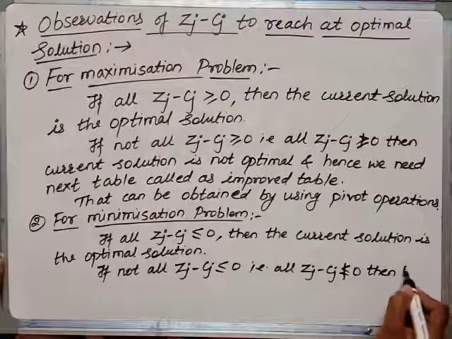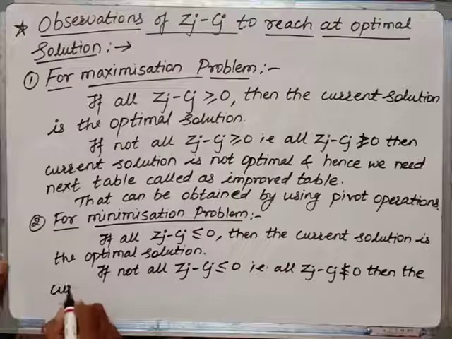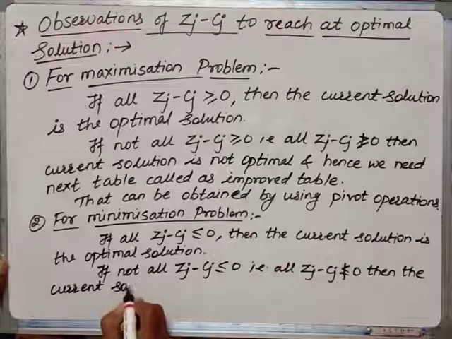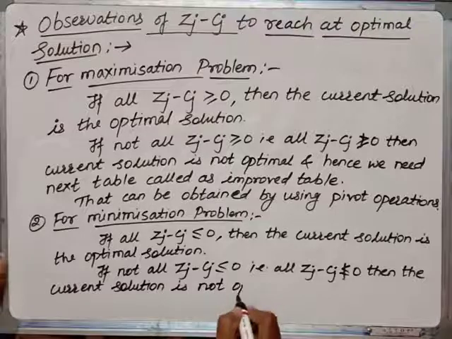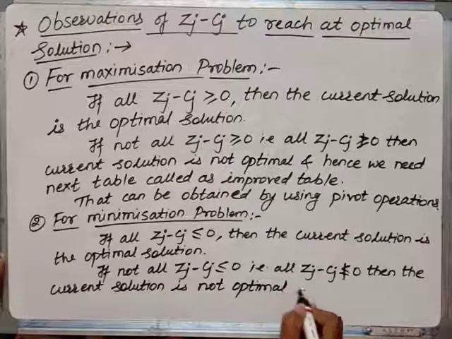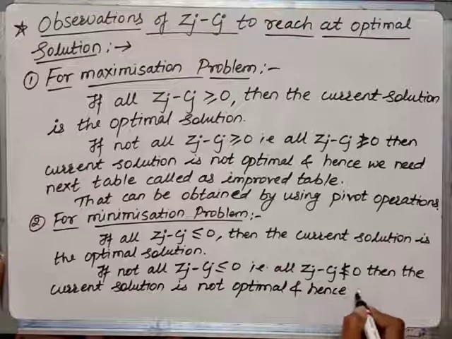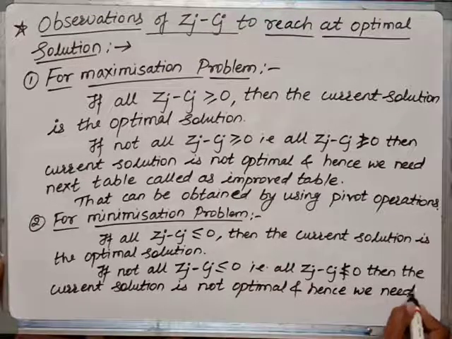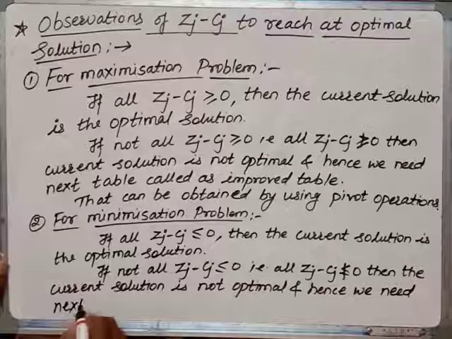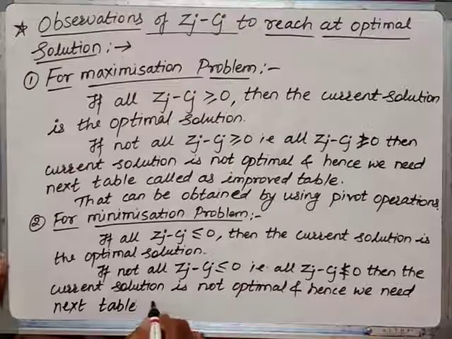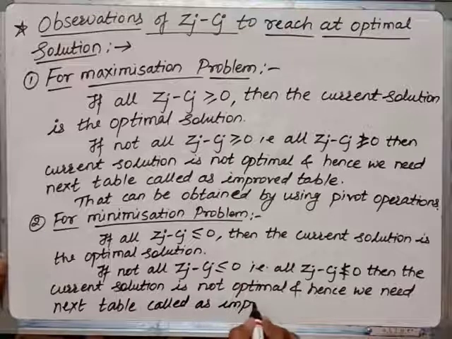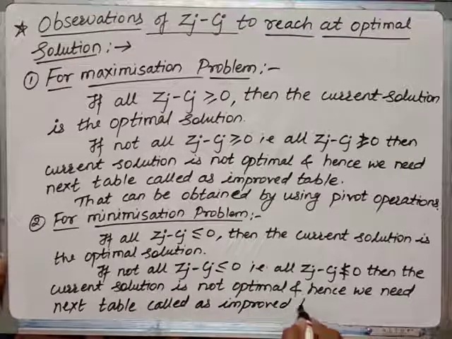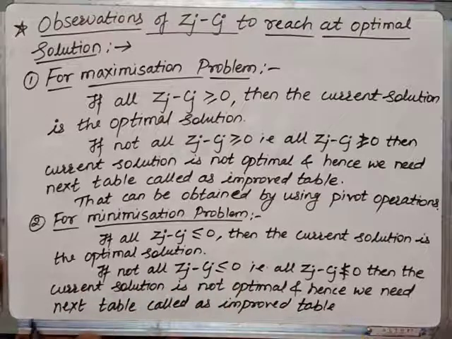Then the current solution is not optimal, and hence we need the next table, called again the improved table, and again that can be obtained by doing some pivot operations.